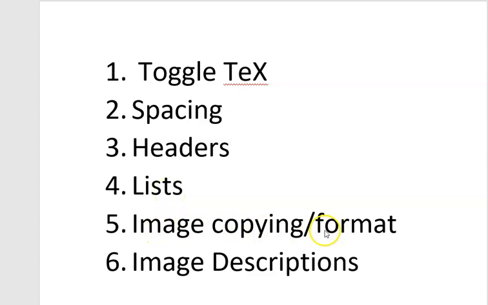Copying images and formatting those copied images as inline text so that we could work with them, and then also creating lists as needed for that, and then putting in image descriptions. So these are some of the key components of what would happen to help finish making an originally inaccessible PDF document into an accessible document in Word.